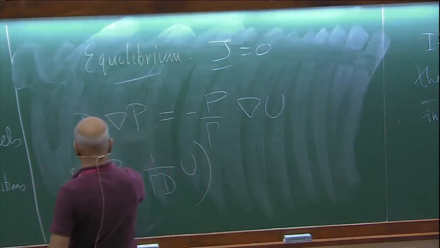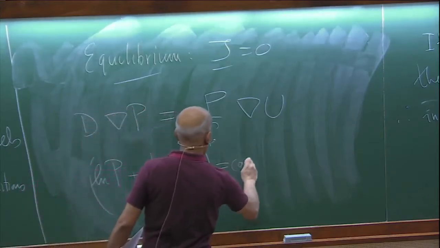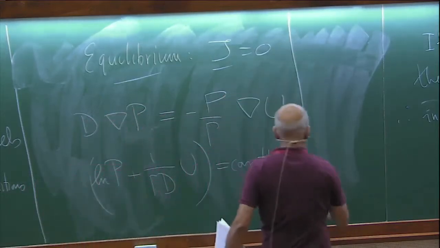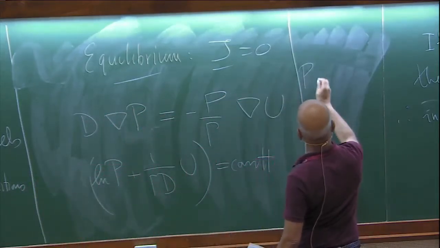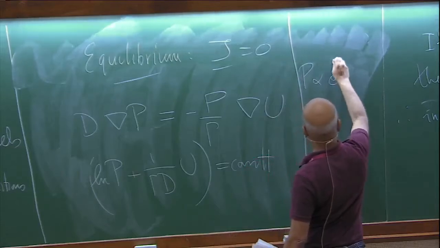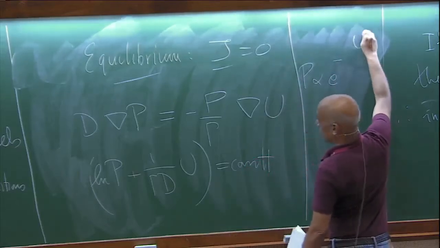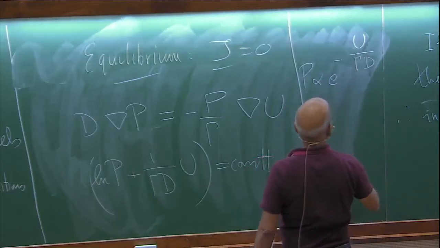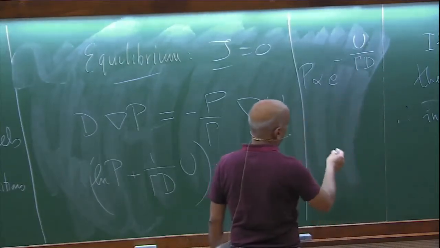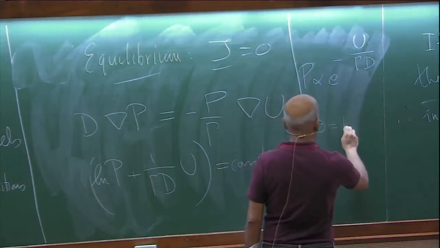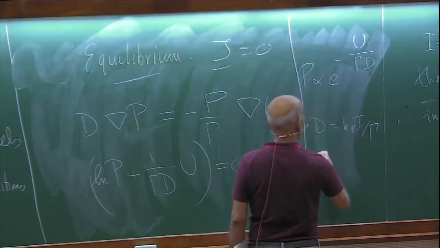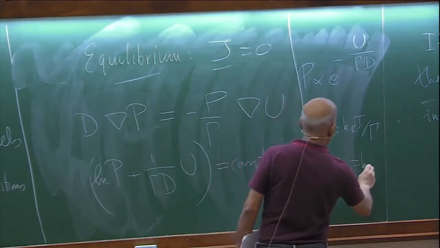So that means this is a constant, right? Which means that p should be proportional to e to the minus u over gamma D. And with blinding foresight, we had chosen D to be kT over gamma. So T is indeed the temperature.